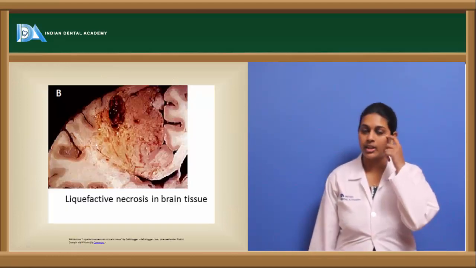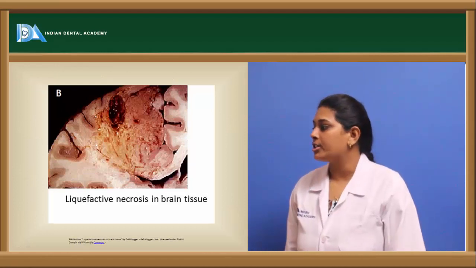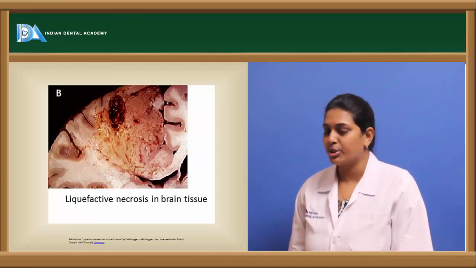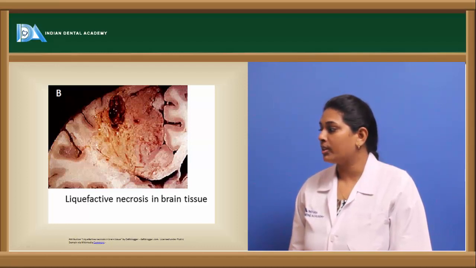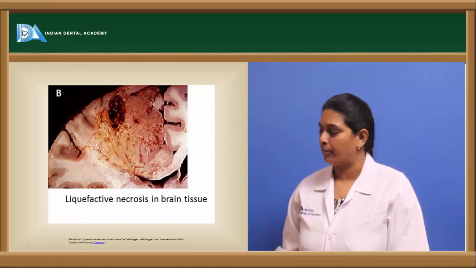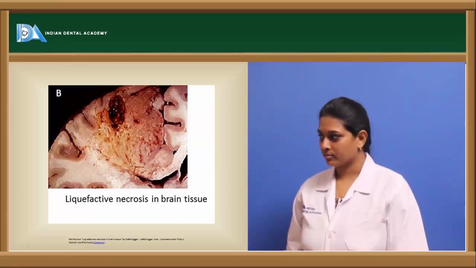There is a picture showing liquefactive necrosis in brain tissue, with pus-like material being discharged, along with a liquid viscous mass that appears brown in this picture.